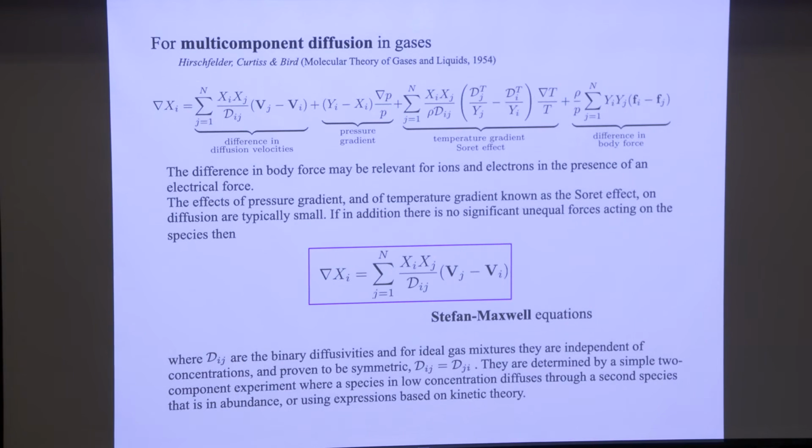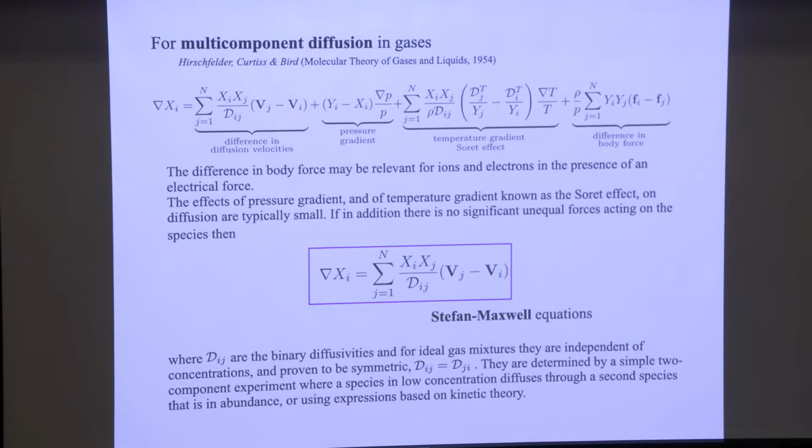There's some argument that can be proven that they are symmetric, in other words, Dij and Dji are the same. So this is perhaps one of the simpler forms of the multi-component diffusion, which is often used. But even this is complicated.